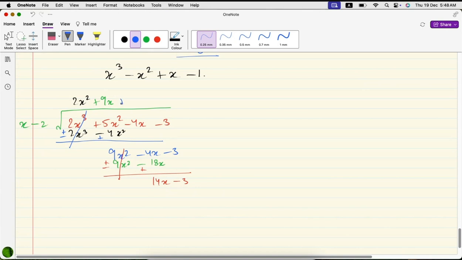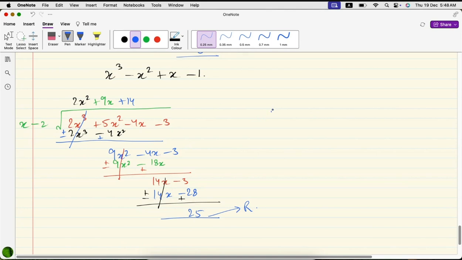So to get 14, you multiply with 14, that is 14x minus 28. Plus to minus, minus to plus, cancels out. And 28 and 3, difference is 25. This is the remainder.